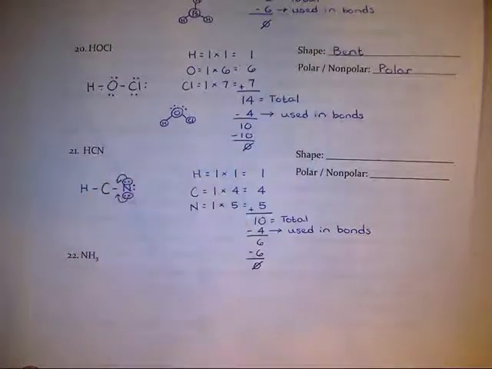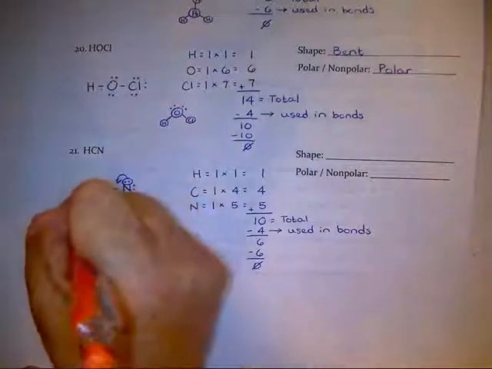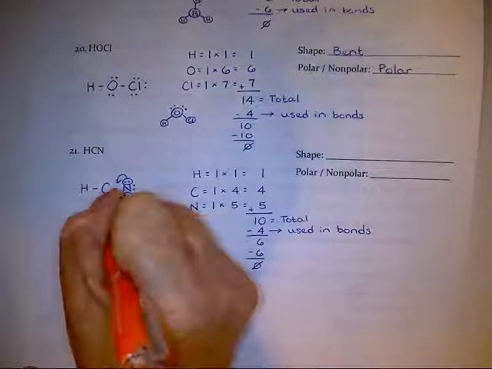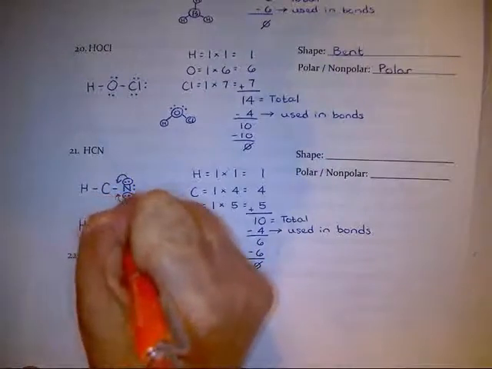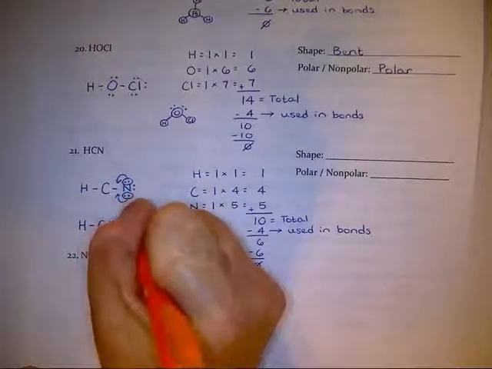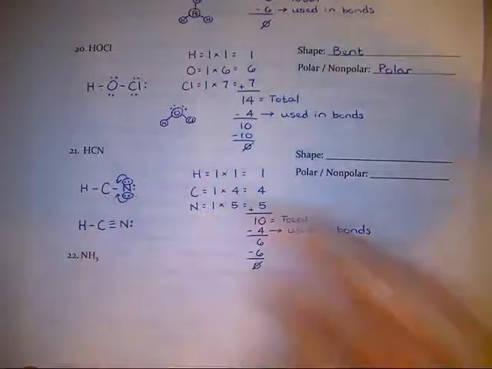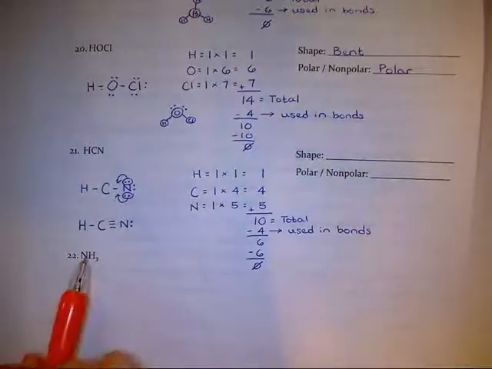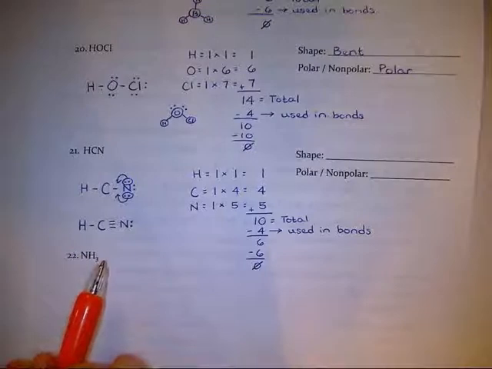Okay, so we are going to end up with a triple bond. H and C still with a single bond. And N is going to get a triple bond between it and C, okay? And it still has those 2 dots on the outside. So there it is.